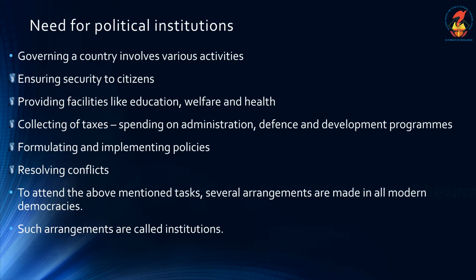We know the government collects taxes and spends on public expenditure, defense expenditure, and other developmental purposes. To perform all these activities, they need certain arrangements, procedures they need to follow. Those procedures and arrangements in a democracy, we call institutions.